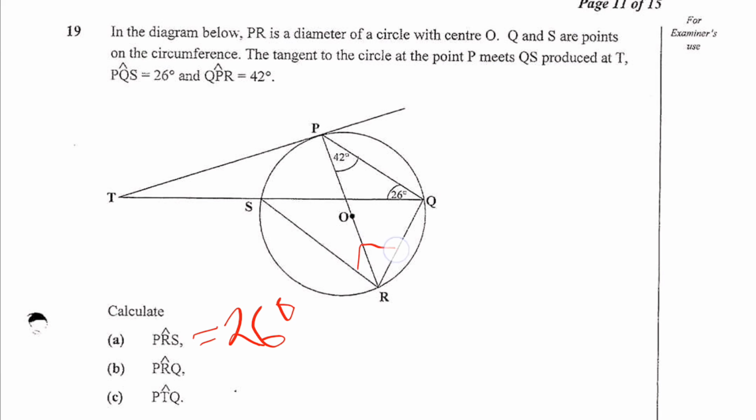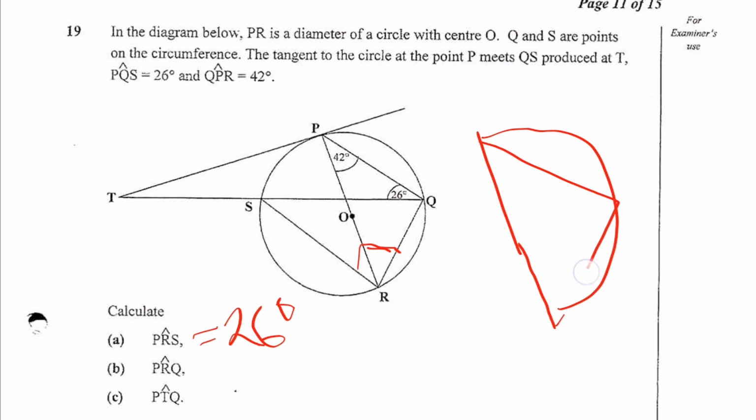PRQ, this angle here. Now what property are we going to use? Simple. We're going to use the angle property of a triangle in a semicircle. This is the semicircle, and any triangle in the semicircle has a right angle here. And here you have 42 already.